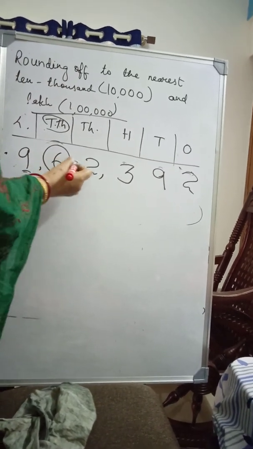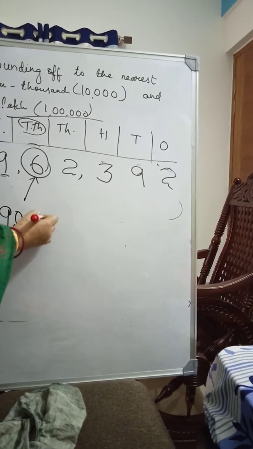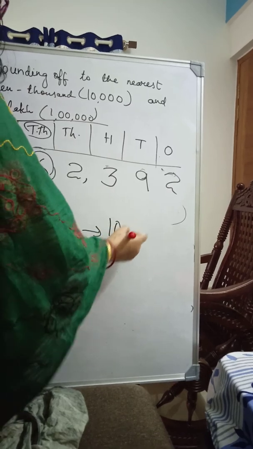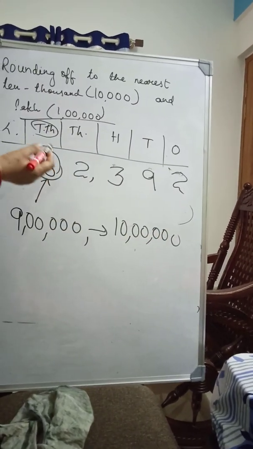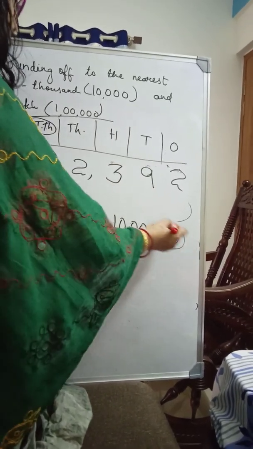Now come to the second point. This 9,62,392 is in between 9 lakh and 10 lakhs. Correct? Now this 9,62,392 is nearer to 10 lakh.